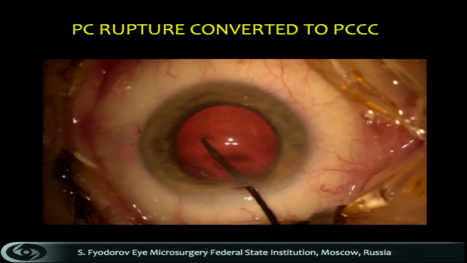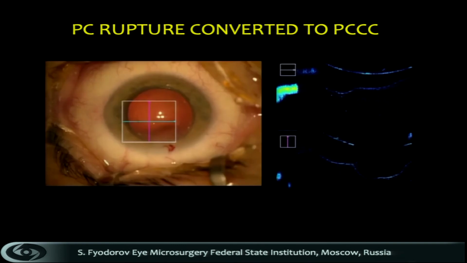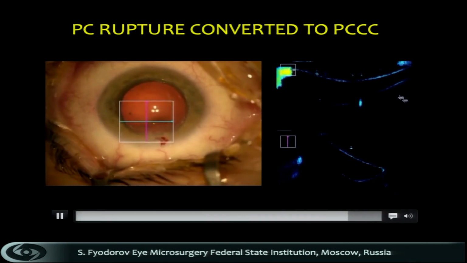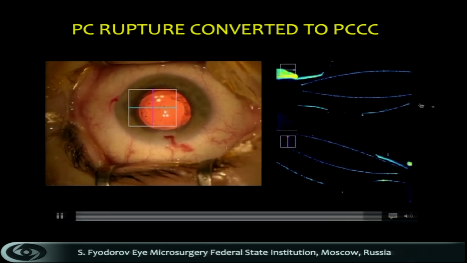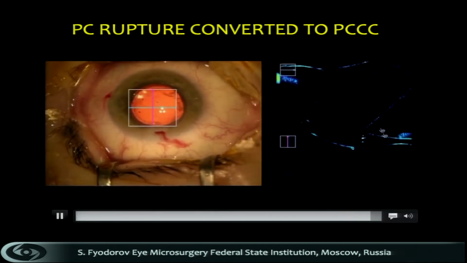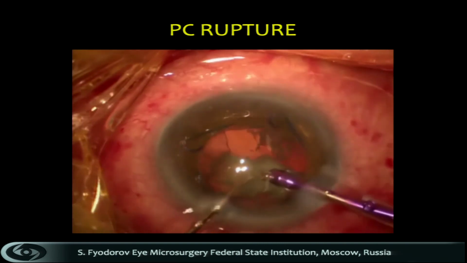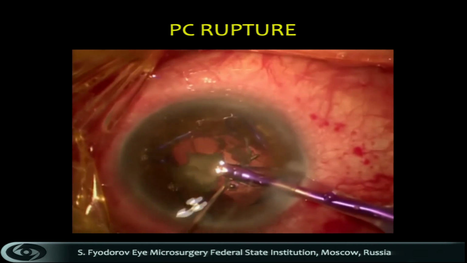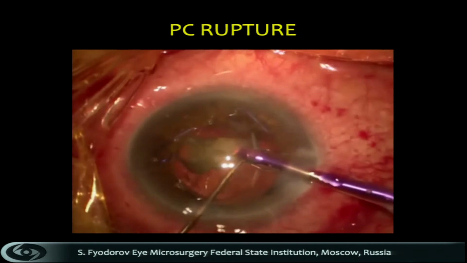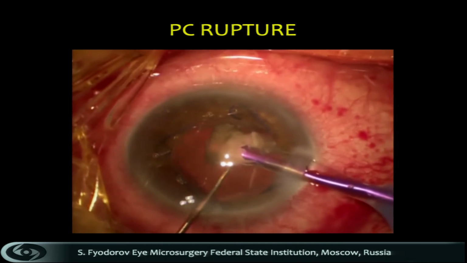By injecting viscoelastic, it's possible to reposition the vitreous, make the posterior capsulorhexis, and as shown here, reposition the anterior hyaloid, and then implant the IOL. Again, you see the IOL is located in the capsular bag in that case. So this is just another clinical example of vitreous and posterior capsule damage during the last steps of the phacoemulsification procedure.